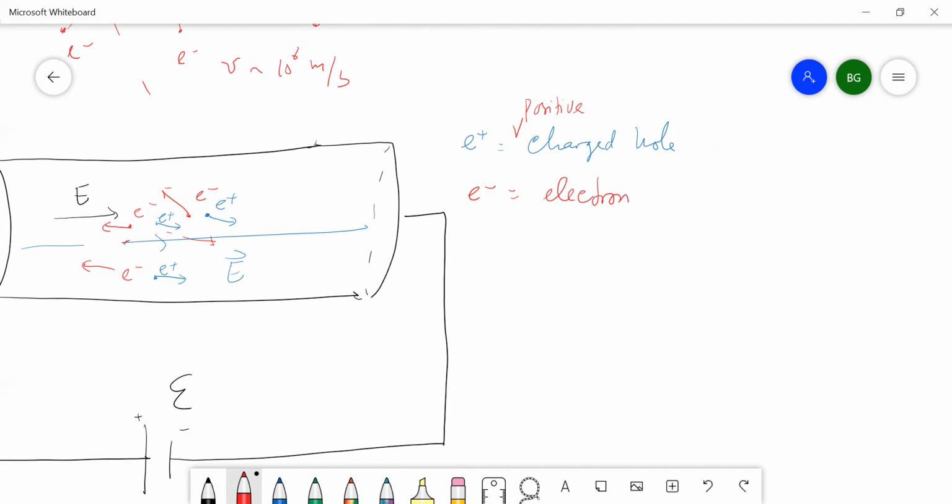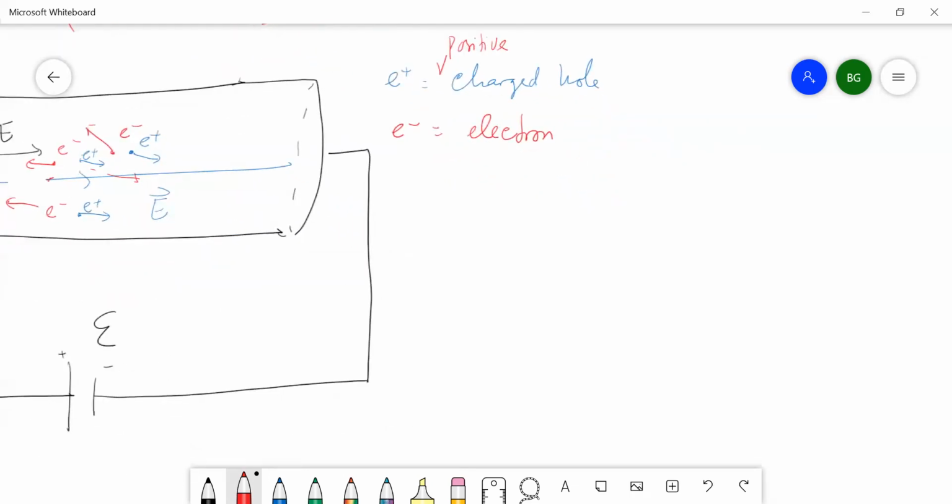It means that if electrons move to the left, we can say equivalently that the positive hole moves to the right. So if the hole moves to the right with velocity v, for example, then the electron moves in the opposite. The velocity is minus v.